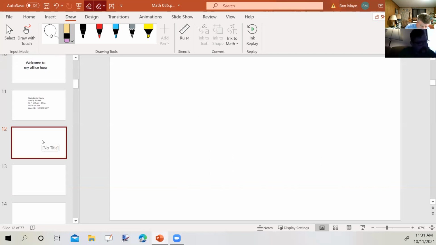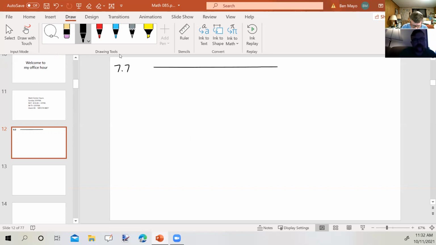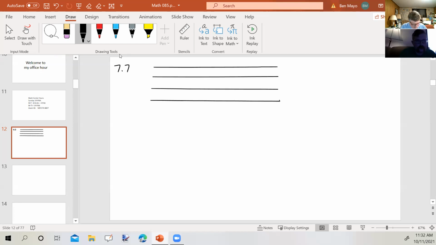So we're going to take a look at section 7.7. And I'm going to start out by drawing some tables. So give me a minute here.